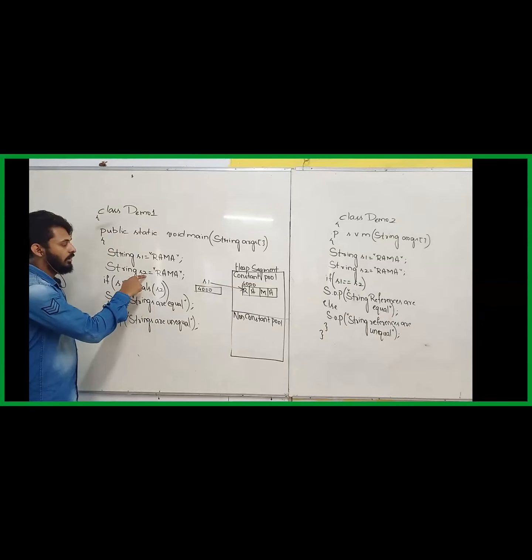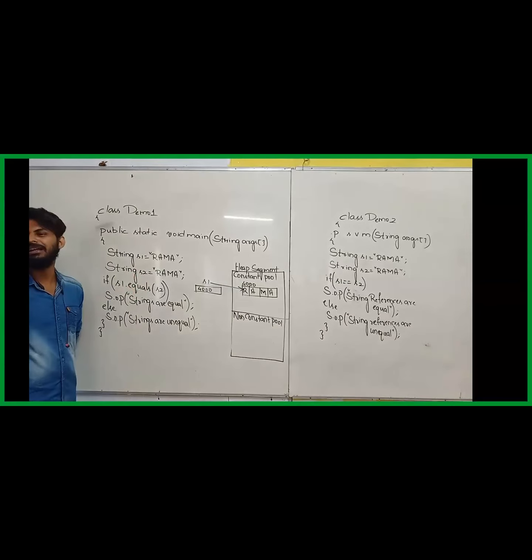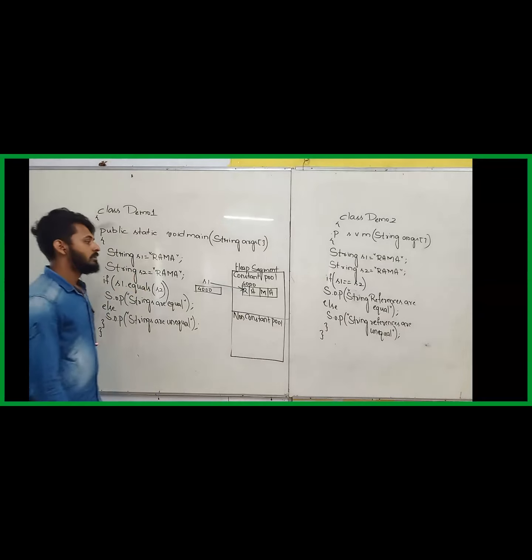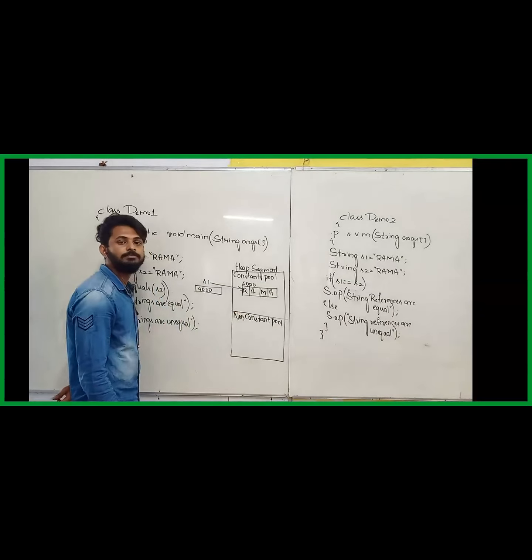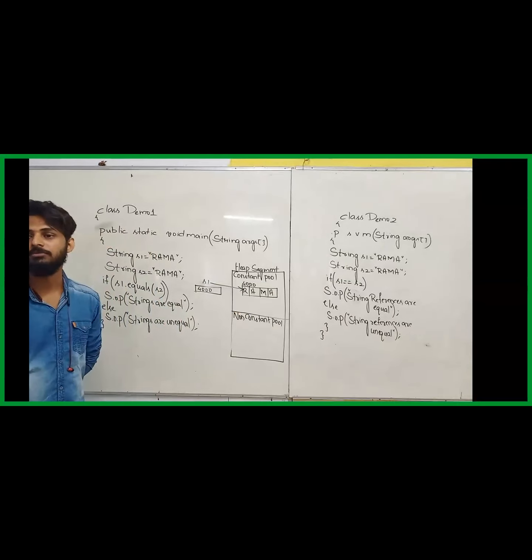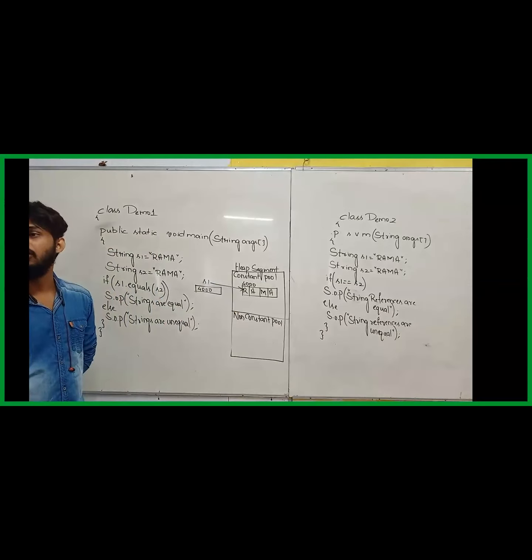Now, coming back to S2. Am I using the new keyword here? No. As I'm not using the new keyword, it should be created in the constant pool. But before it creates it there, what is the speciality of the constant pool? Duplicates are not allowed.